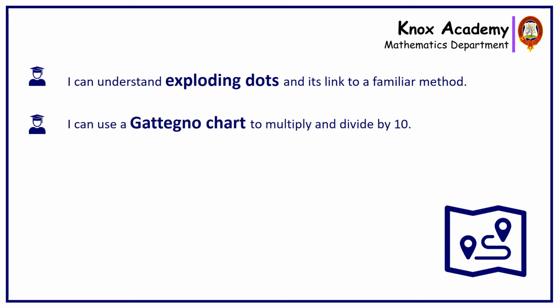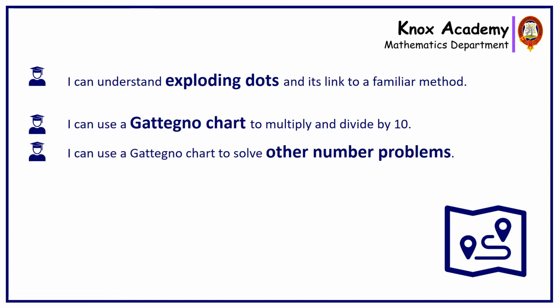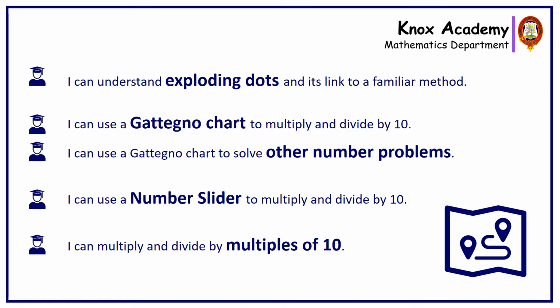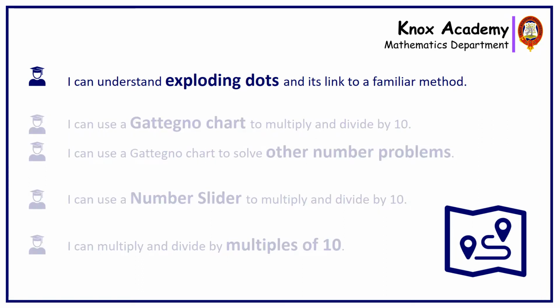We will then look at using a TechnoChat to multiply and divide by 10, and then how we can use that to solve some other number problems. We will then look at how we can use a number slider to multiply and divide by 10, and then lastly multiplying and dividing by multiples of 10. So without further ado, let's have a look at exploding dots.